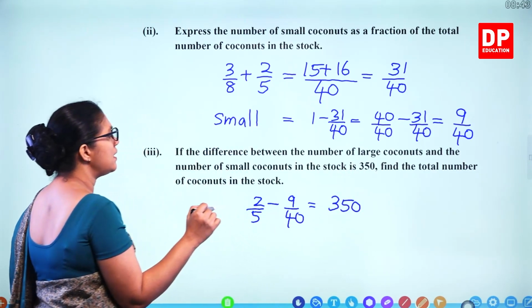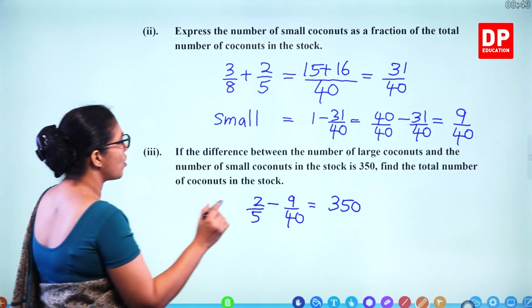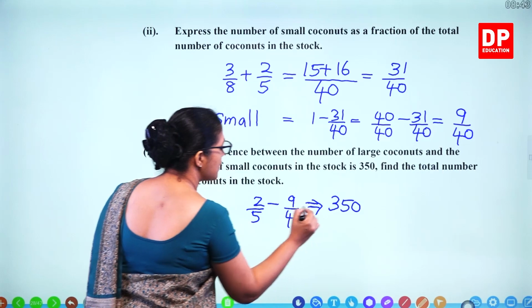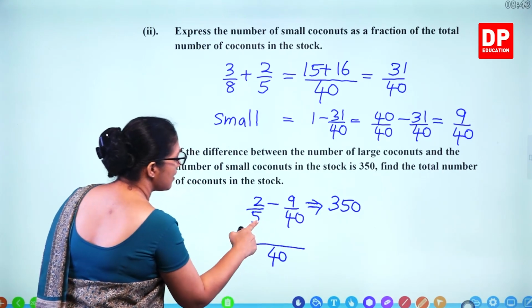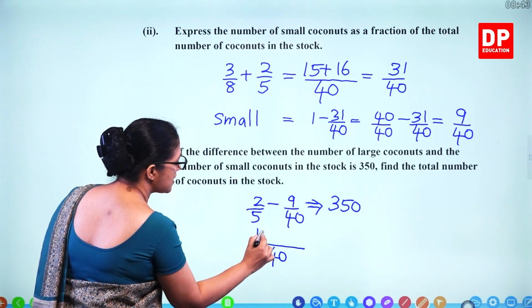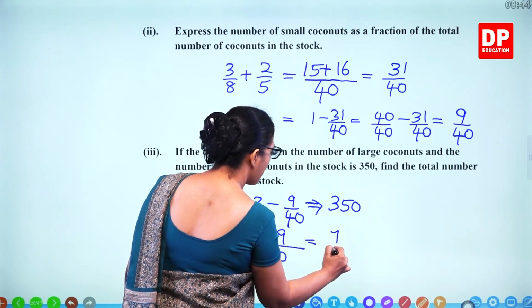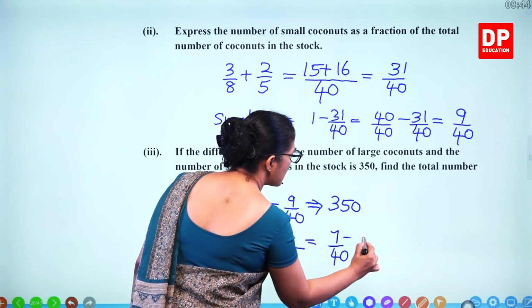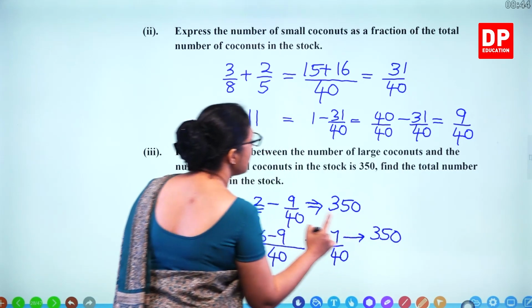Find the total number of coconuts in the stock. So we convert the fraction to 40. This is 8 times 2, 16, minus 9, that means 7/40. So 7/40 means 350 coconuts.